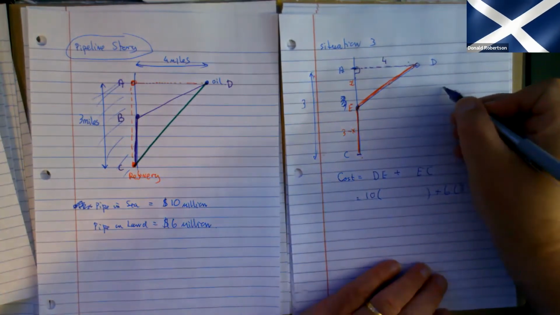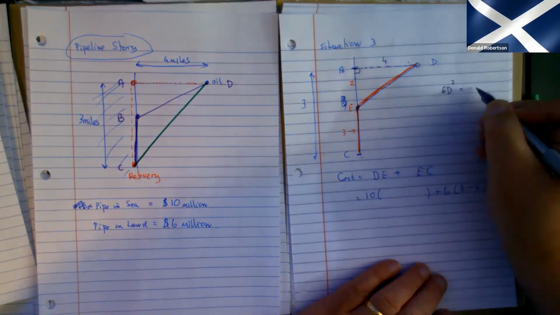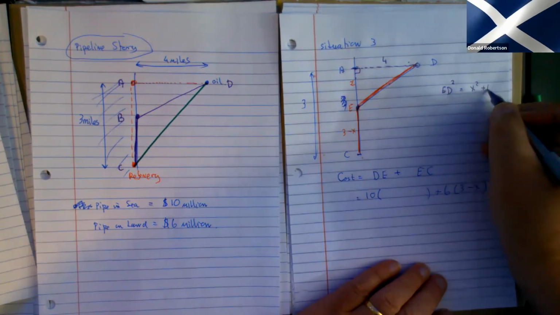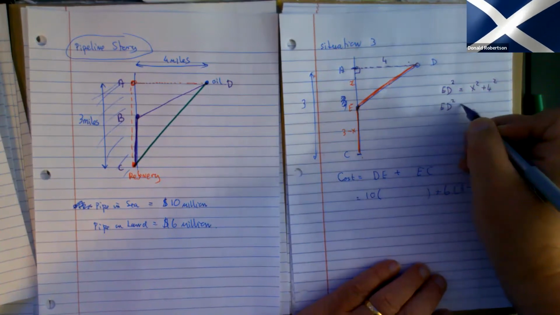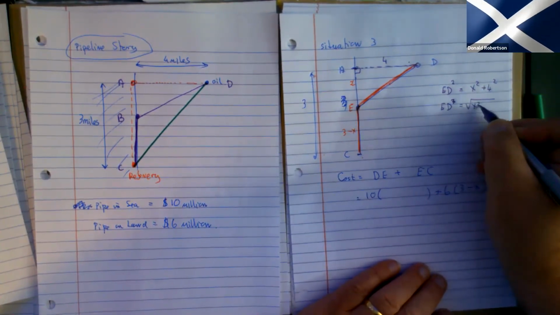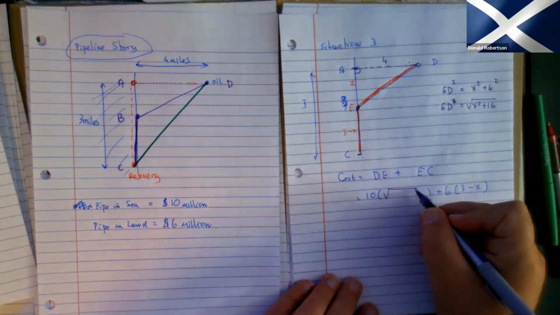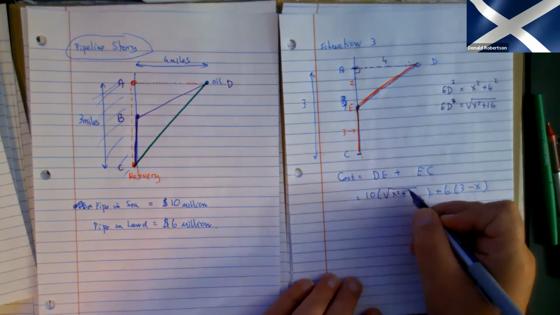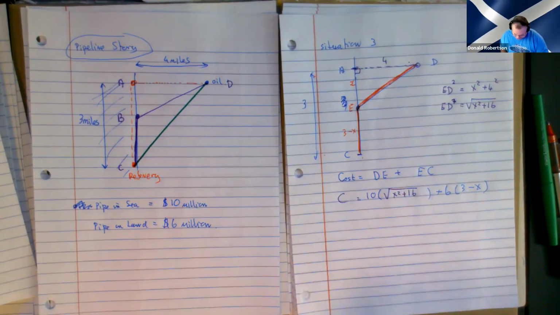If you use Pythagoras, ED squared will be x squared plus 4 squared. ED is going to be the square root of that. And so that is our optimization function.